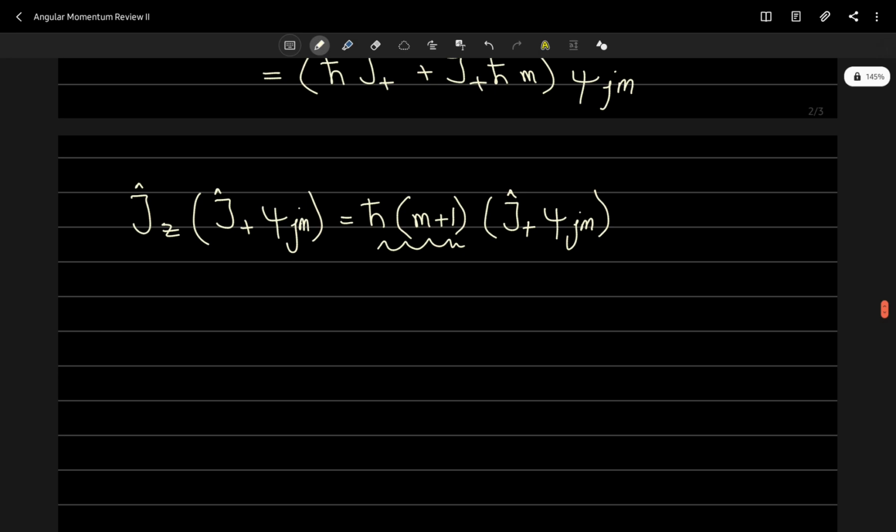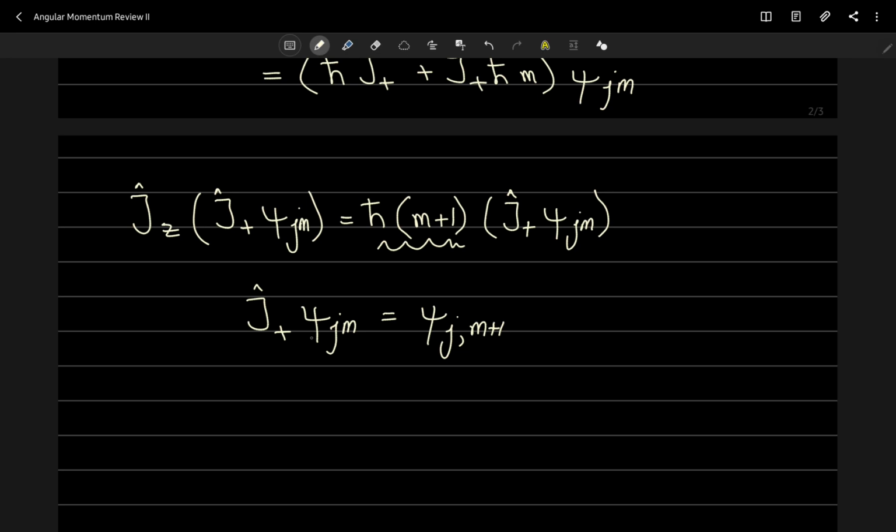So what does this mean? j plus on psi jm is simply equal to psi j m plus 1.